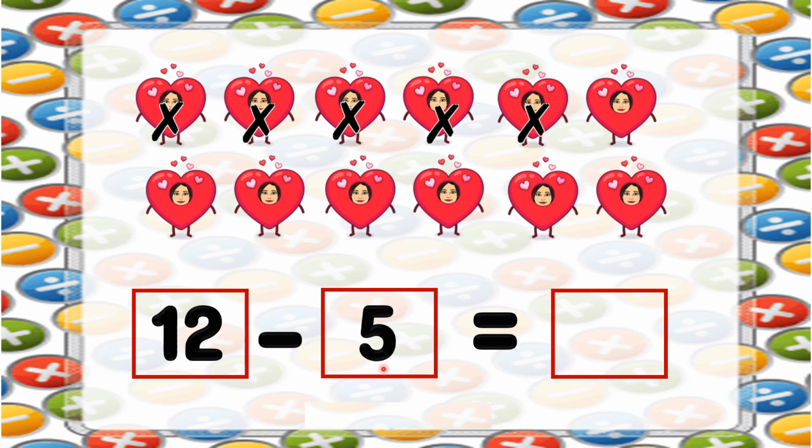Okay, 5 crossed out. So, 12 minus 5 is equal to, let's count the remaining hearts. 1, 2, 3, 4, 5, 6, 7. So the answer is 12 minus 5 is equal to 7.